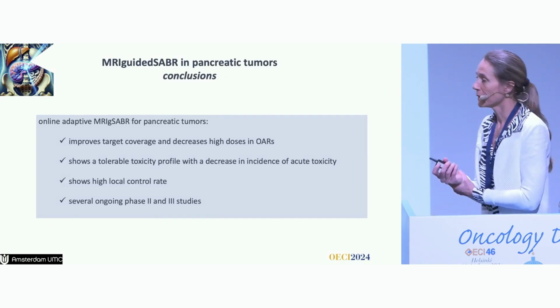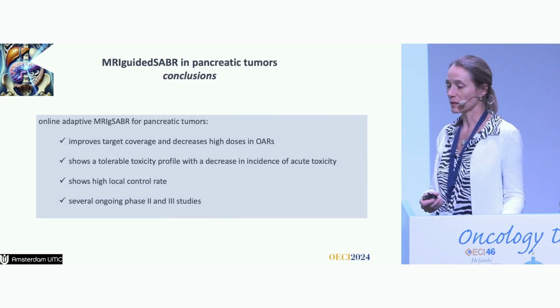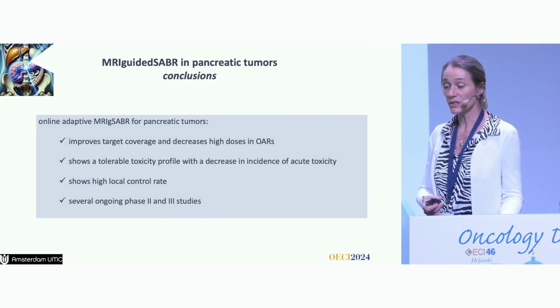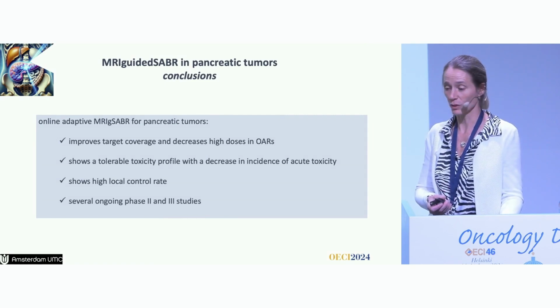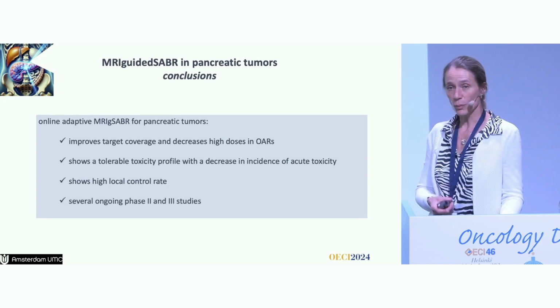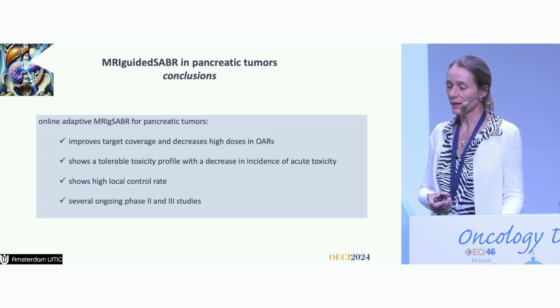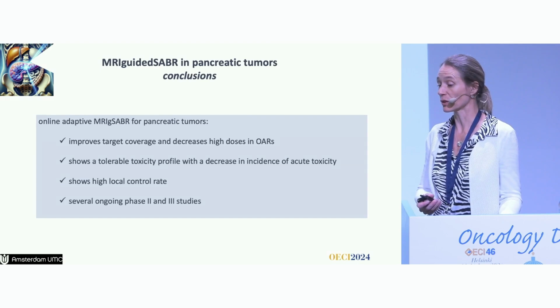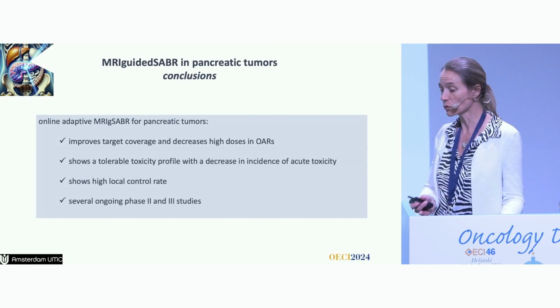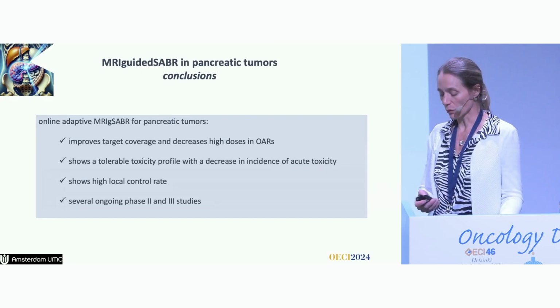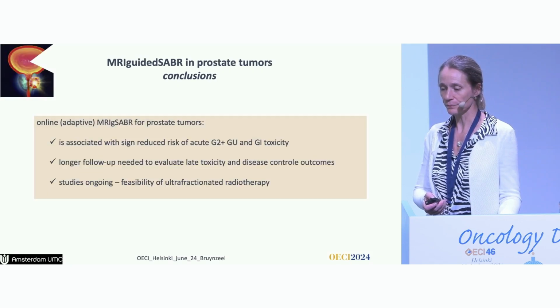Online adaptive MR-guided SABR for pancreatic tumors improves target coverage and decreases high doses to the organs at risk, shows a tolerable toxicity profile and a decrease in incidence of acute toxicity, shows high local control rates, and there are several ongoing studies.